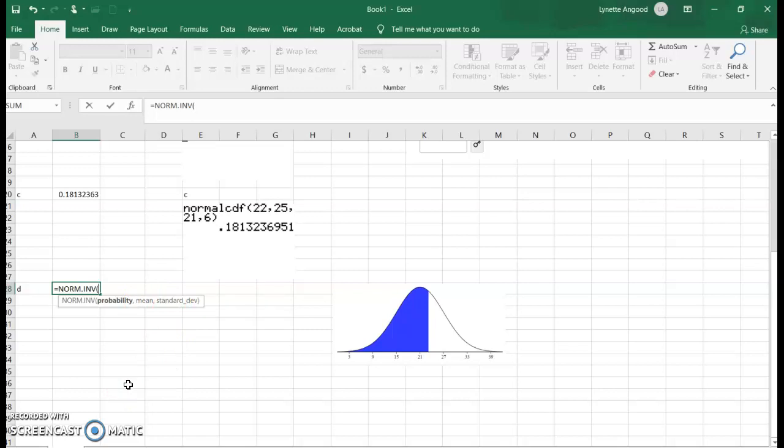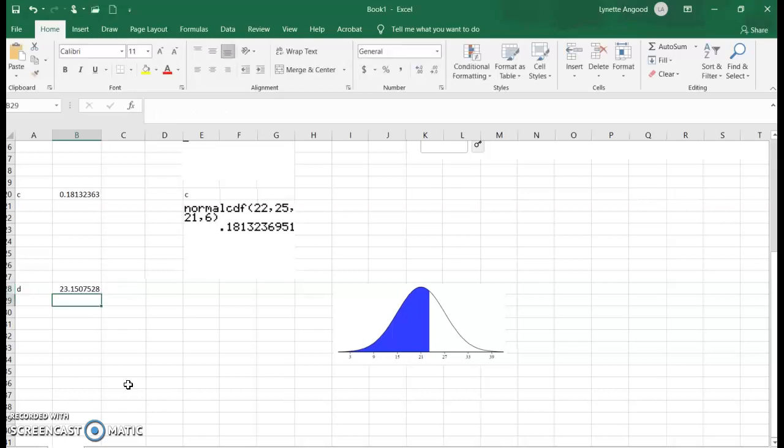And this is always the probability below, which in our case is 64%, which when you change it to a decimal, which you must, is 0.64. And then our mean, 21, and our standard deviation, 6. You don't have to tell it true. It knows that with this command, we're talking about the cumulative area below is equal to 0.64. And we find that that's equivalent to 23.1508 days, which seems logical given our picture.